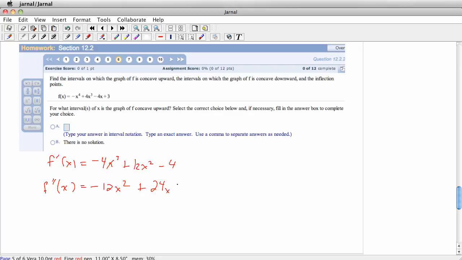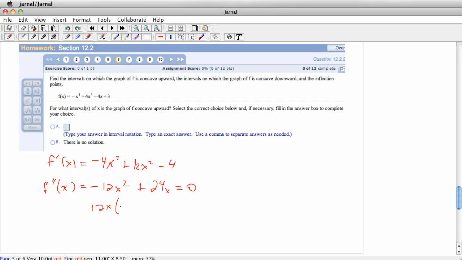So in order to make a sign chart, just like before, I want to first find out where this thing is 0 or undefined. It's clearly defined everywhere. There's no division by 0 or square roots of negative numbers or anything like that possible here. So I would just set this equal to 0 and look for a common factor. 12x is a common factor in both terms.